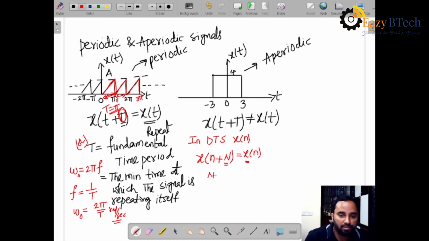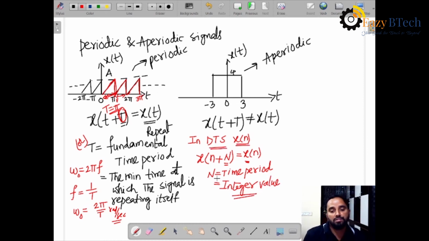So here capital N is called the time period. It must be an integer. This is very, very important. The capital N must be an integer value, because x of n is a discrete time signal.